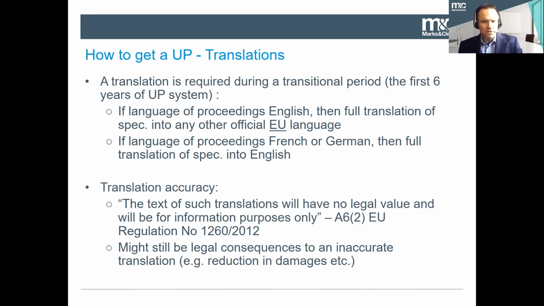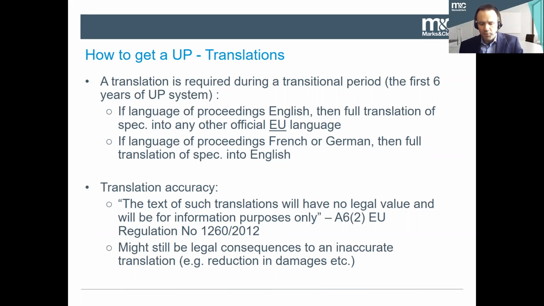So whilst there is no legal value associated with the translation, one has to be careful. Imagine a situation where you file a translation that is maybe a little bit inaccurate in one of the other EU languages, and then an alleged infringer came along and said, well, I didn't have a chance of actually understanding that patent because the translation was bad.